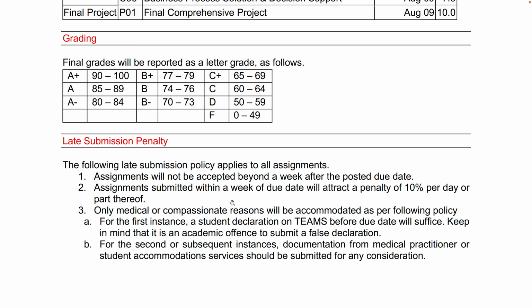In case you seek accommodation often, for the second or subsequent instances, documentation from a medical practitioner or student accommodation services would be required for any consideration. Thank you.